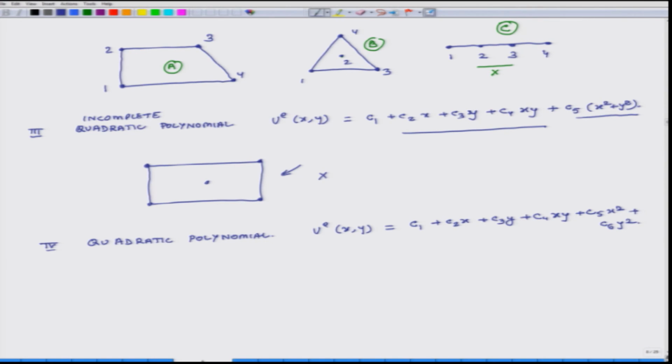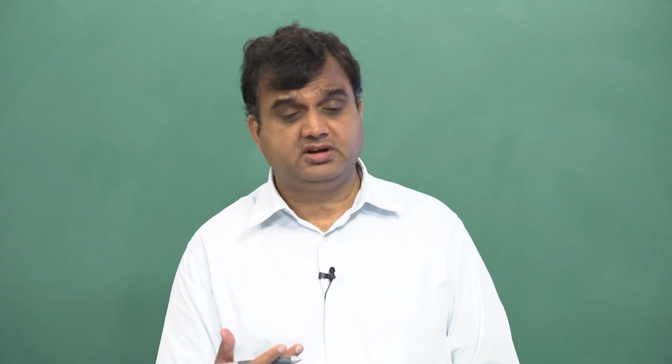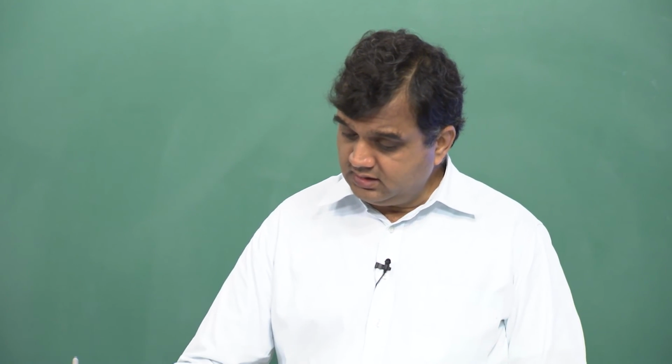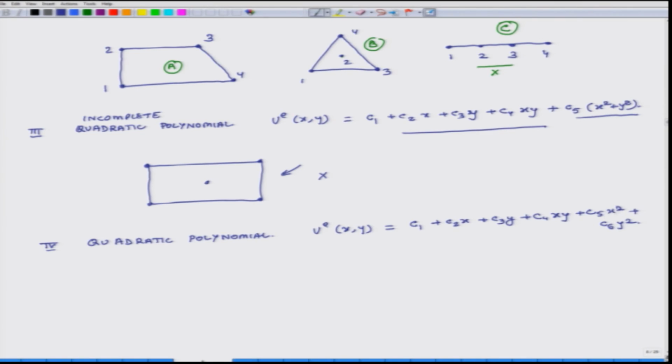So, here there are 6 unknowns. To know these 6 unknowns, we have to know conditions at 6 different points, right, and there are square terms in the expression. So, one possible topology, or actually the only possible topology, would be this.